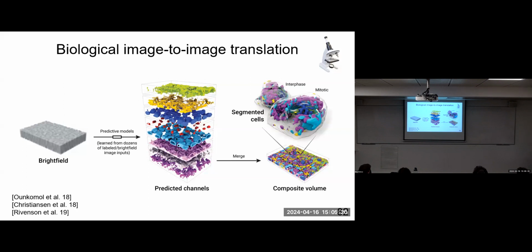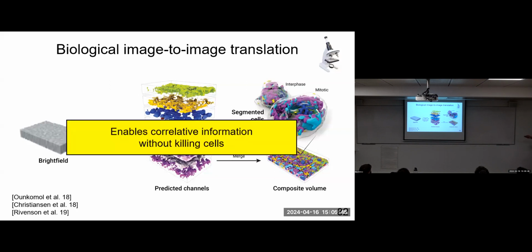And why this is very important, because if you can have good models of this type of task, then you can take some biological sample, predict all the different compartments of this cell or all the different subcellular elements, and then in the overlaid volume, we can put everything into context. Context is very important in biology.